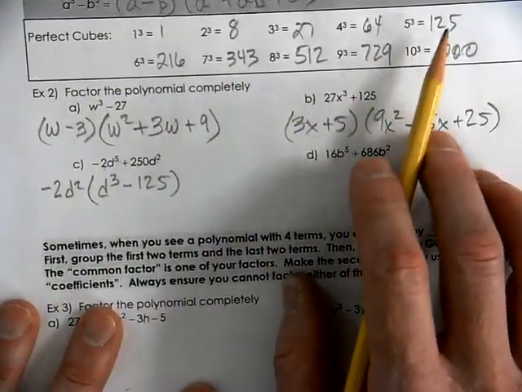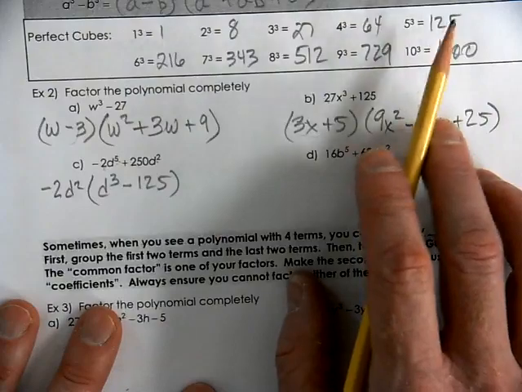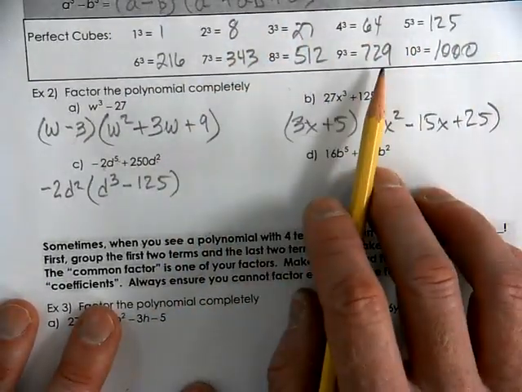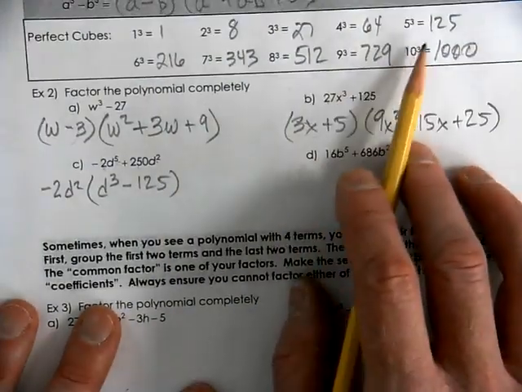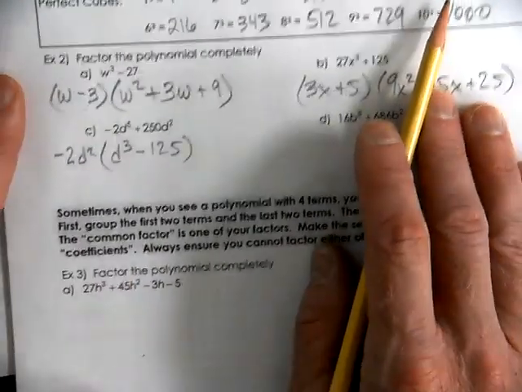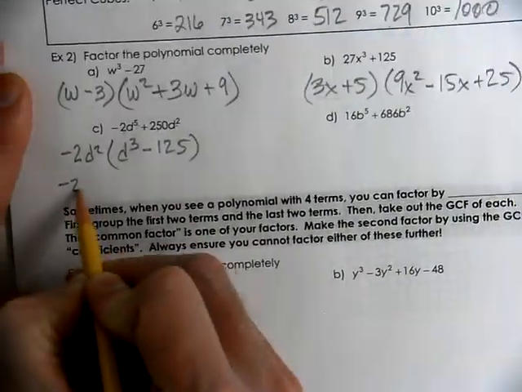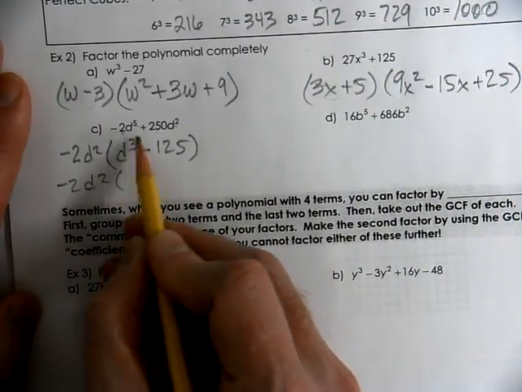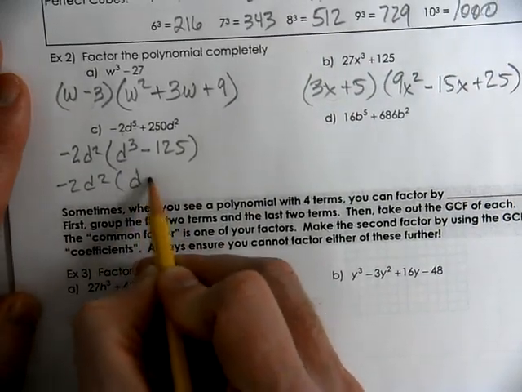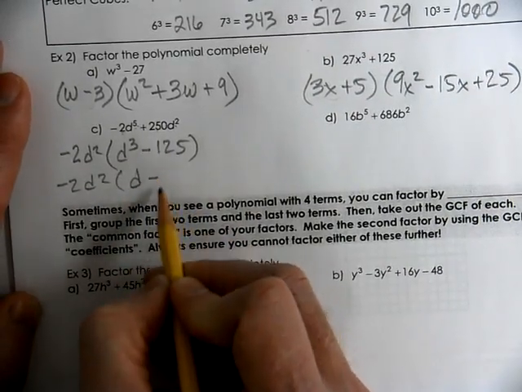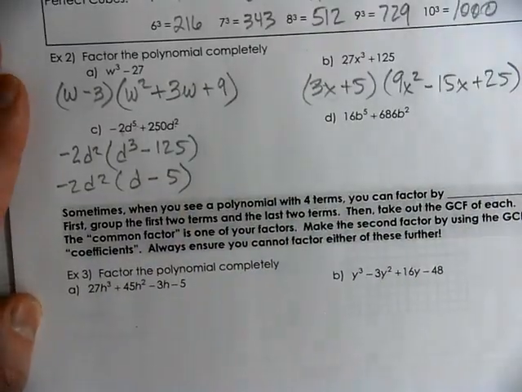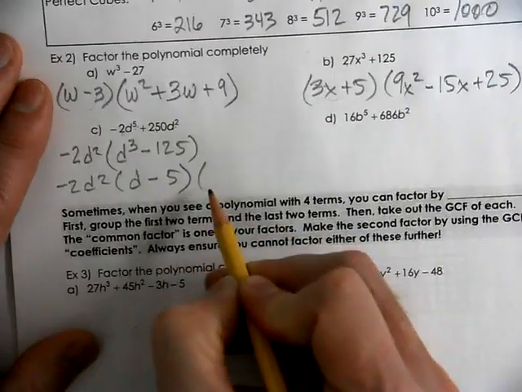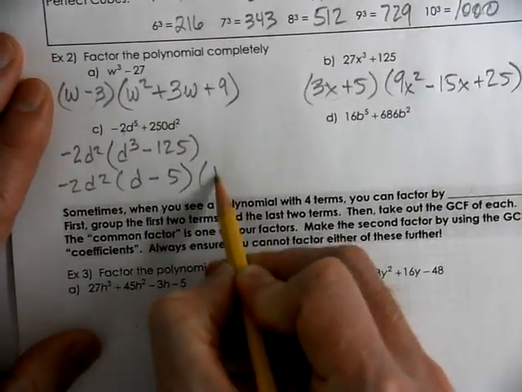125 is a perfect cube. That I can work with. I can't work with 250. That's not a perfect cube. But 125 is a perfect cube. So what times what times what makes d cubed? What times what makes 125? Square my first term.